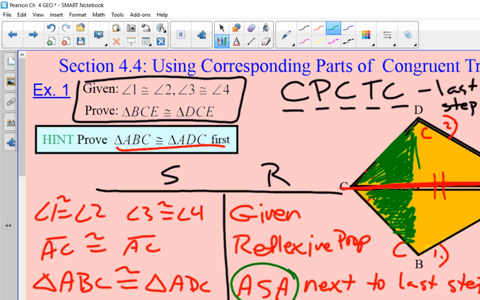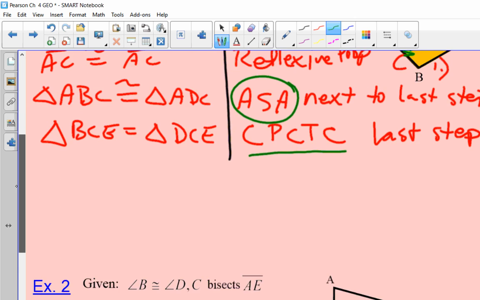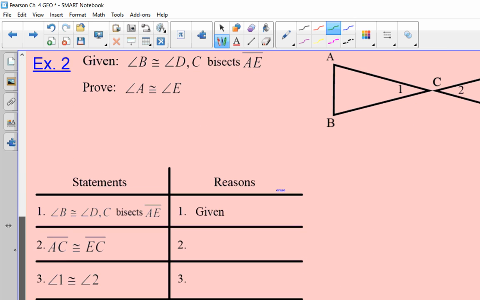Now, to be honest too, we've had a bunch of proofs here that have kind of been 4 steps. Sometimes we need to go maybe 5 or 6 steps, but that's just you getting used to this and understanding what you see, and putting it down. Okay. All right. So let's go down here and let's do this.